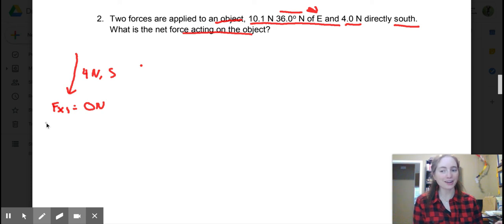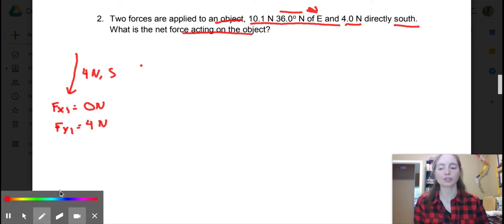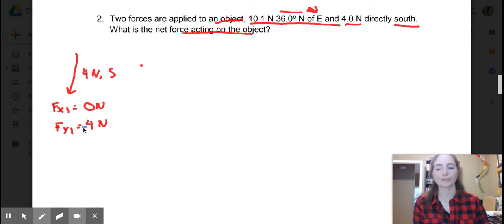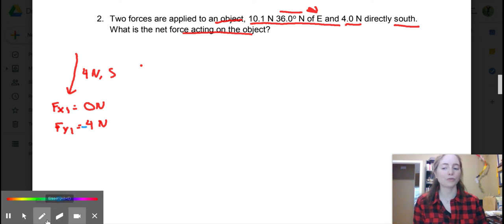There's nothing on the x for this vector. Going directly south is all y. So that would mean my force on the y for force number 1 is going to be 4 newtons. However, think very carefully here. I'm going to make sure we switch colors here so that it's easier for you guys to see this. Okay, -4. Okay, watch those negatives.